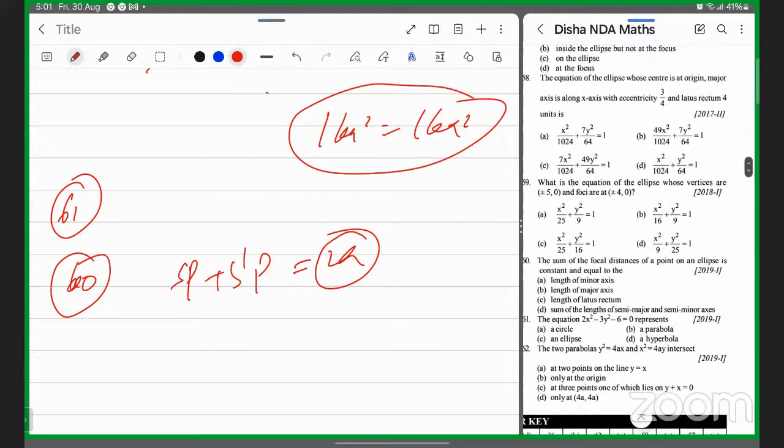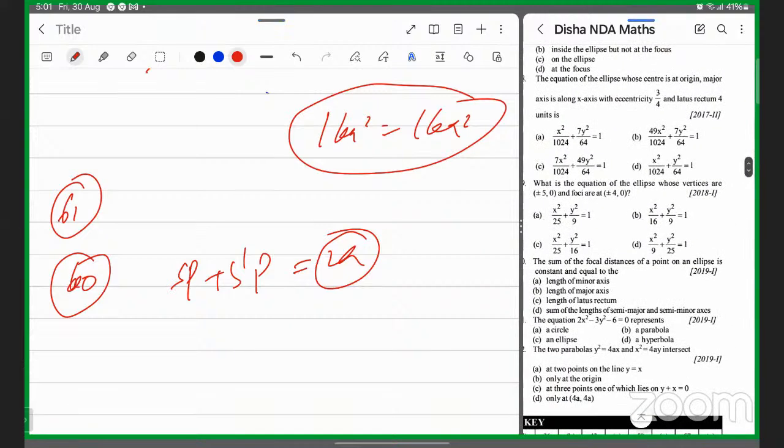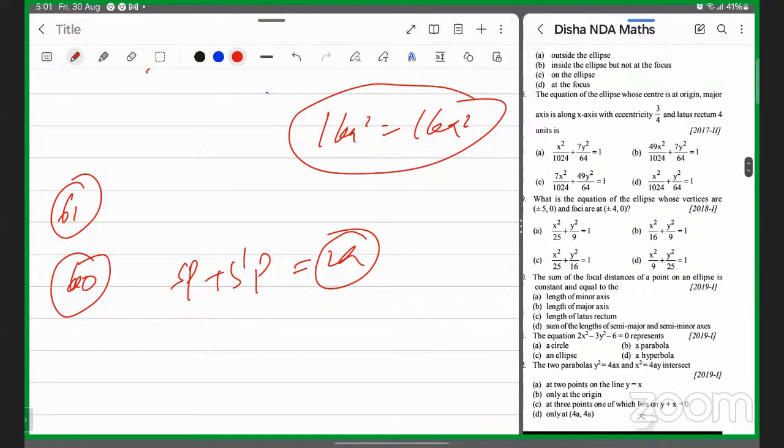Any problem? You can earn 4 questions today, okay? If you are lucky, there will be 4 questions from conic sections, from today's parts. So listen carefully.